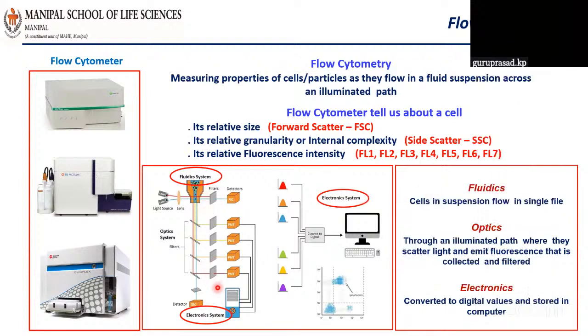If you look at this region, there are many cells present together, suspended in a fluid. When they are moving in the system, they are allowed to move in a single line, one by one. That is done by the fluidic part of the machine.